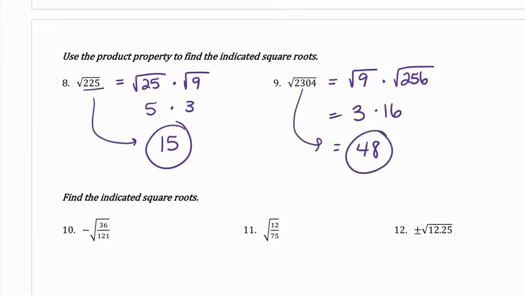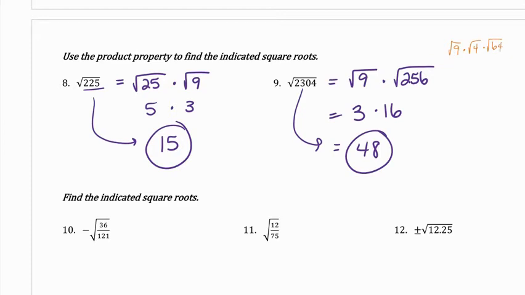Now again, if you needed to break down 256 a little bit further, I could have done the square root of 9. 256 is divisible by 4, right? And then 256 divided by 4 is 64.